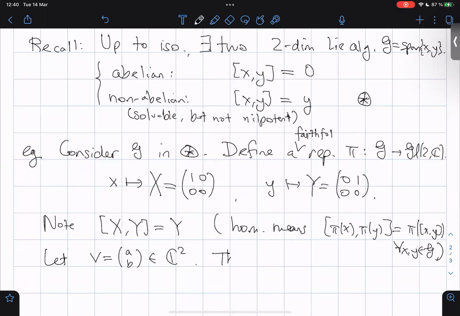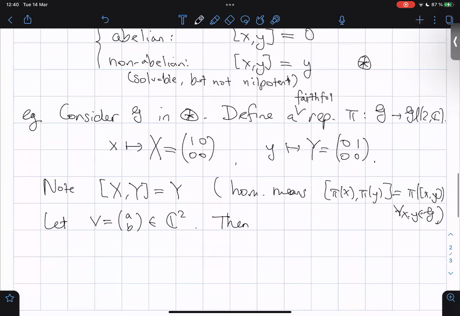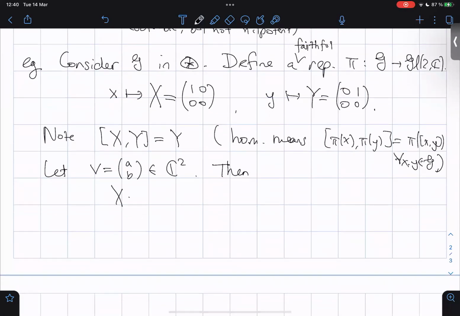Well, X acting on V, this capital X acts on this V just by left multiplication. We're just going to get a, 0. Y acting on V, we're going to get b, 0. In particular, both of them are multiples of the first standard basis vector.